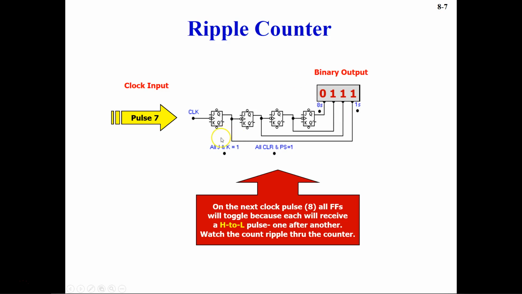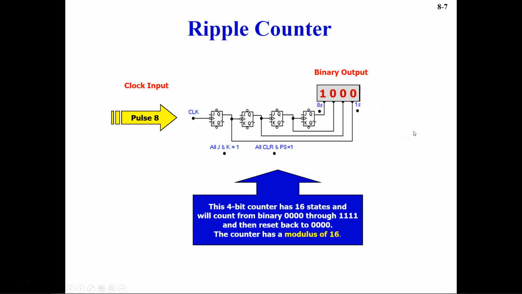So at this stage all the 4 flip-flops will toggle together. So let's see, when pulse 8 is provided, all of their outputs will be toggled, and that's why you got 1 0 0 0.